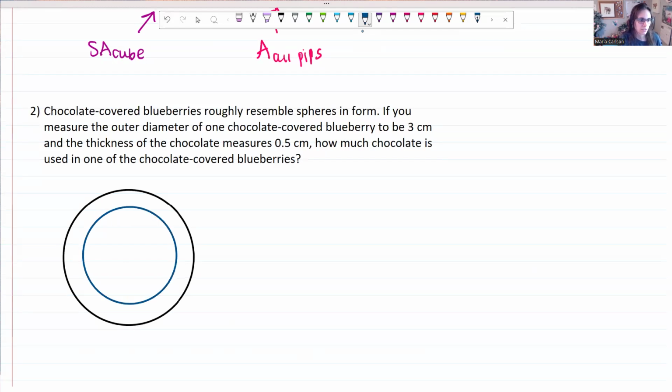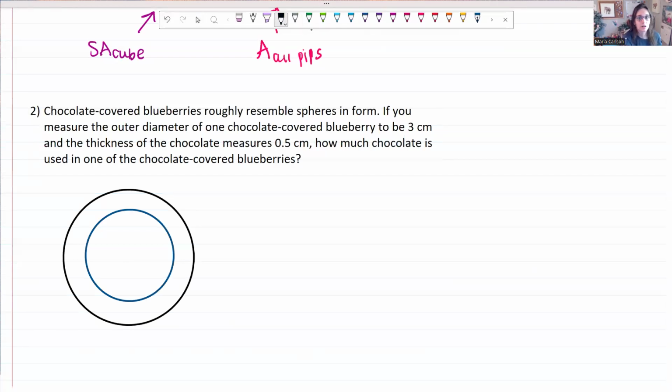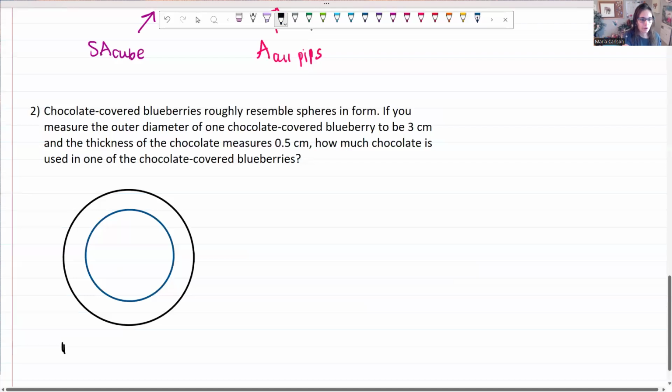So maybe it looks something like this. Oops. Now, the diameter of the entire chocolate-covered blueberry, right? The outer diameter from one end all the way across to the other through the center, that is 3 centimeters.